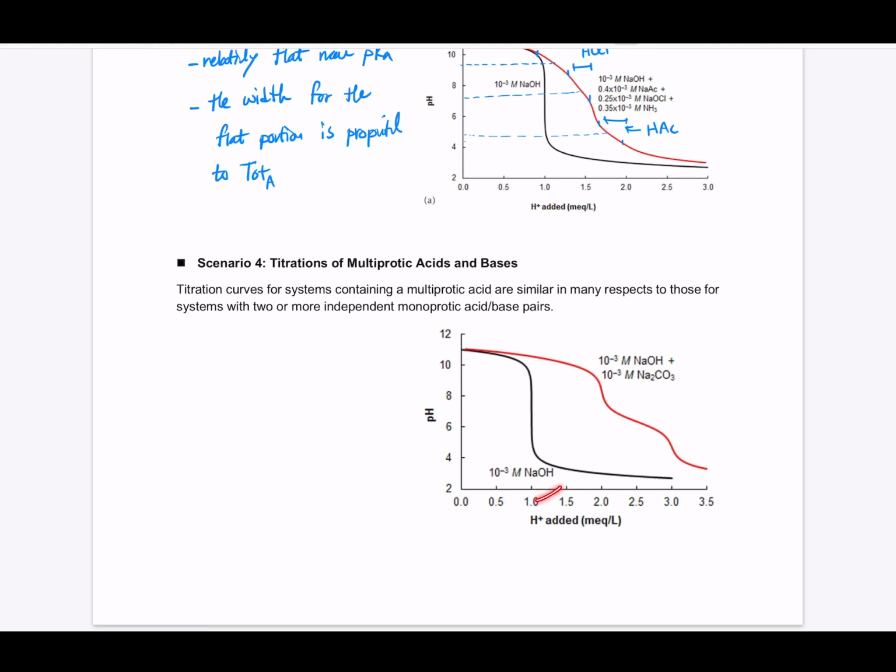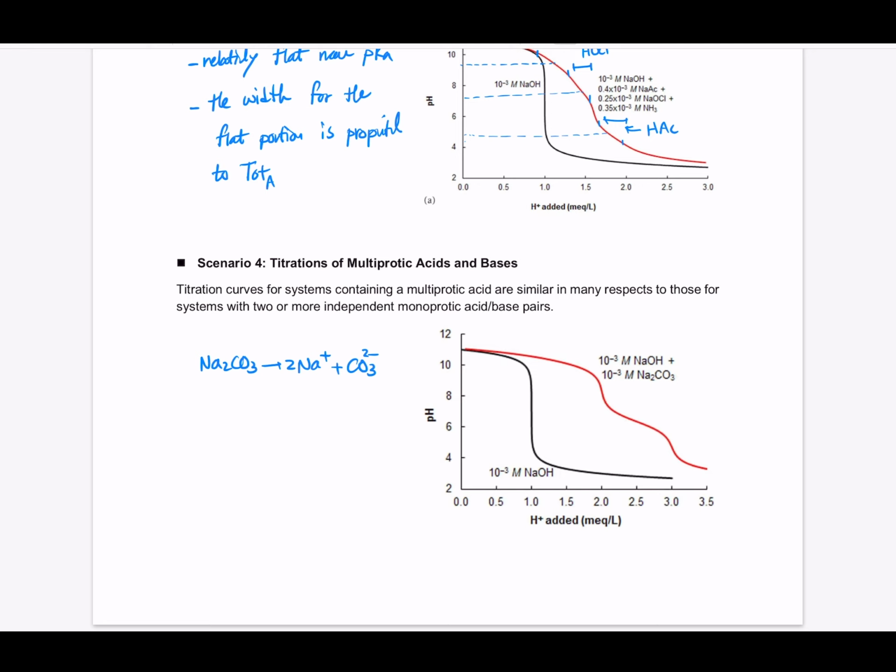So here we combine sodium hydroxide, which is this black curve, with sodium carbonate. And once we have sodium carbonate in the system, we know it fully dissociates to sodium plus and carbonate.